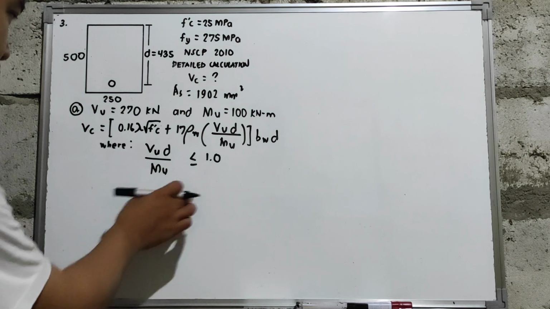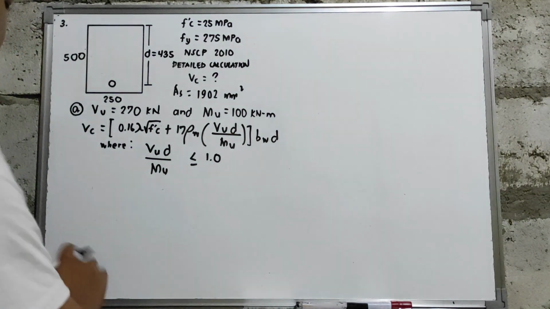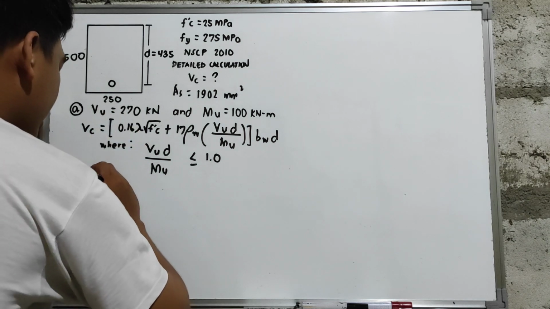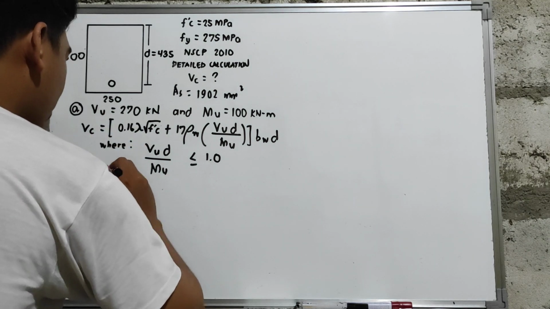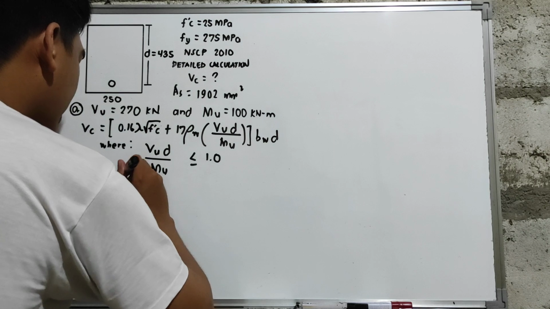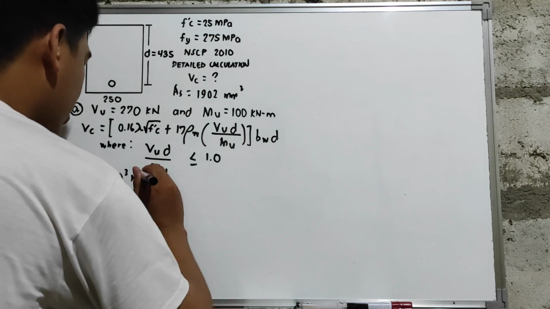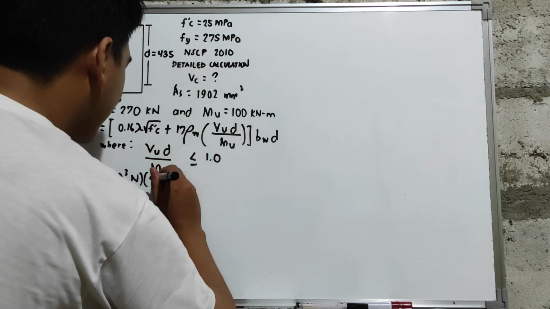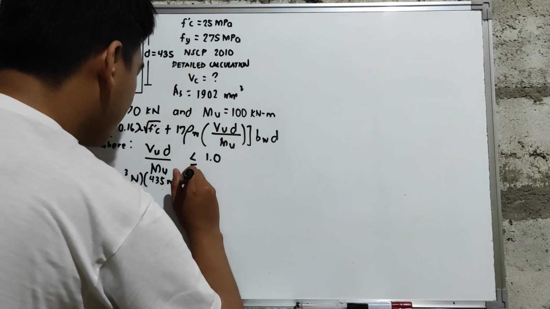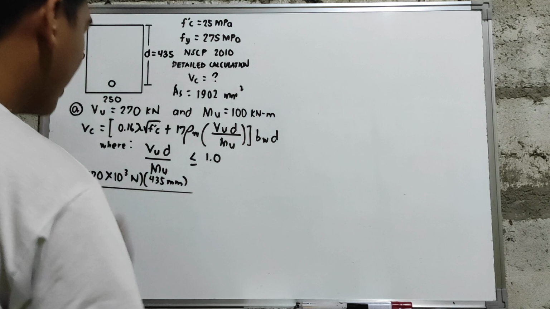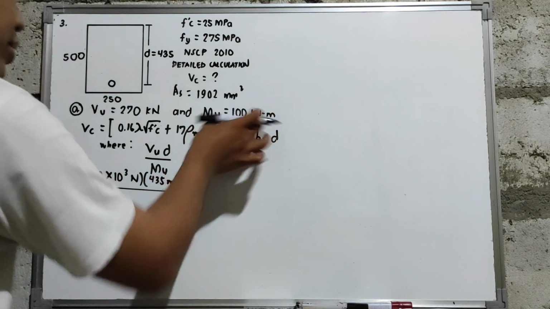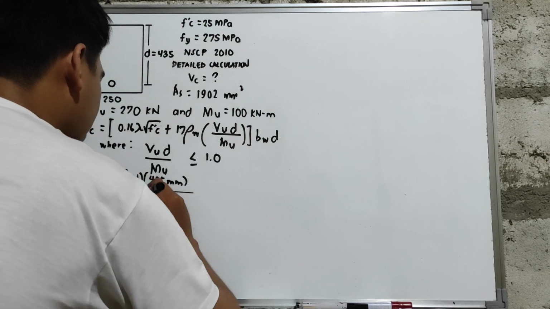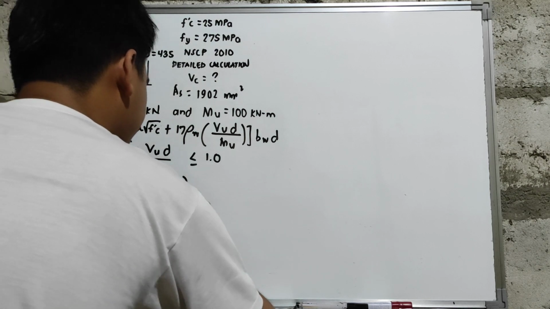So, let's compute for the value of our ratio here. We have our Vu, given as 270 kilonewton, times 10 raised to 3 to make it Newton, multiplied by our effective depth of 435 millimeter over the value of your Mu, which is 100 times 10 raised to 6 newton mm.